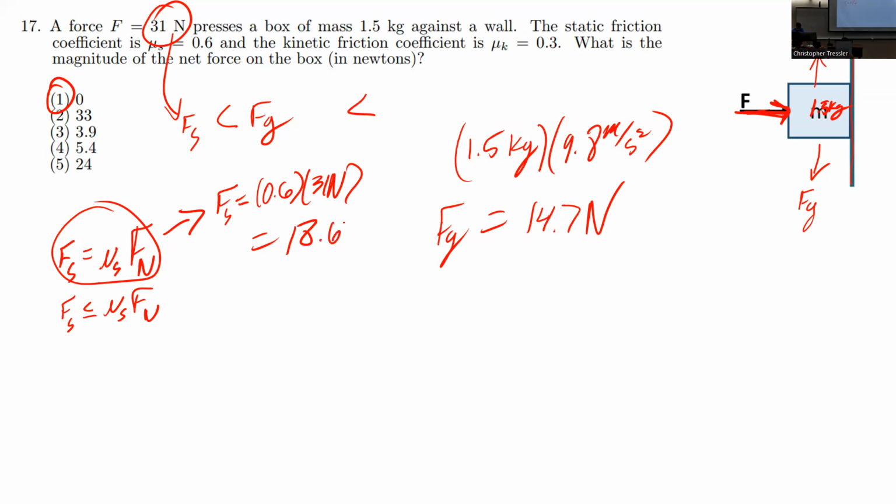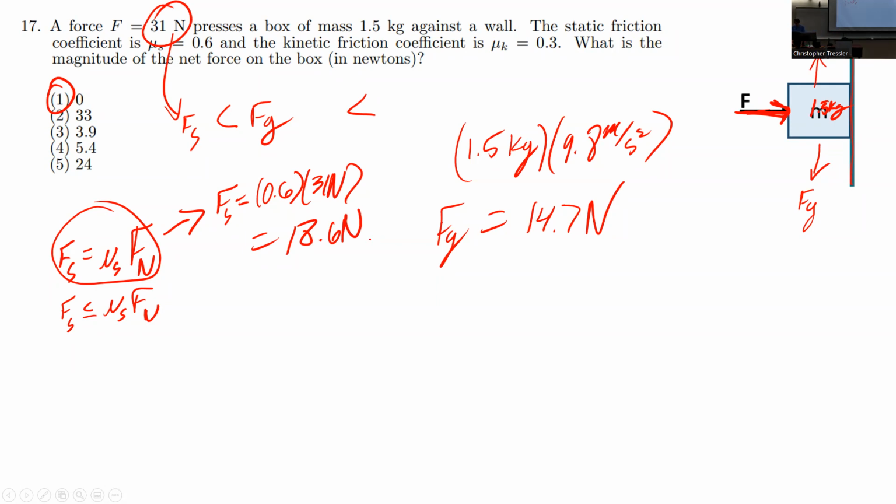Now notice this 18.6 number is our maximum force of static friction upward, and that is greater than our force of gravity going downward, which means that yes, this box is going to be in place because the force of static friction is high enough to keep it in place.